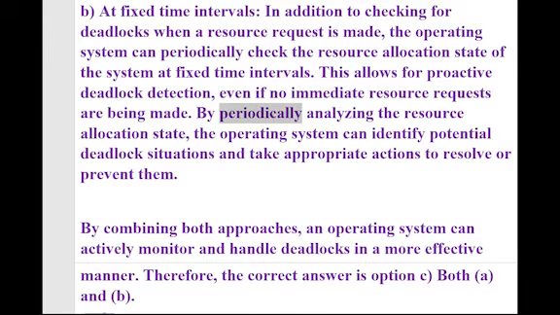By periodically analyzing the resource allocation state, the operating system can identify potential deadlock situations and take appropriate actions to resolve or prevent them. By combining both approaches, an operating system can actively monitor and handle deadlocks in a more effective manner. Therefore, the correct answer is option C, both A and B.